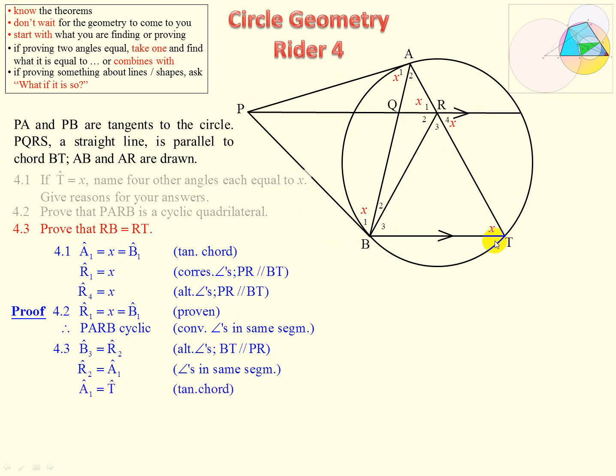A1 equals T, tan chord theorem, alternate segment theorem, or proven. Therefore, B3 equals T. And so we now have RB equaling RT, sides opposite equal angles. Or if you like, isosceles triangle.